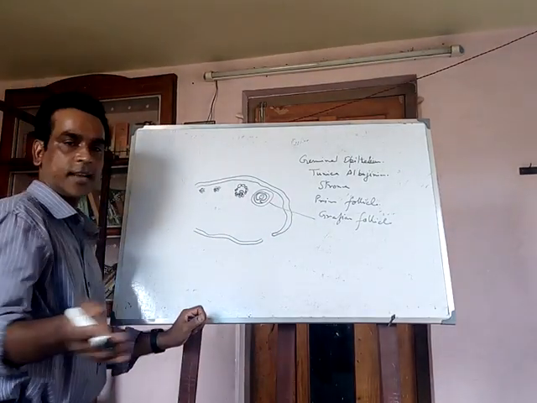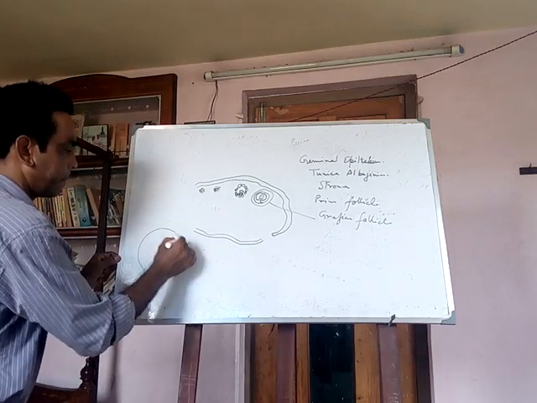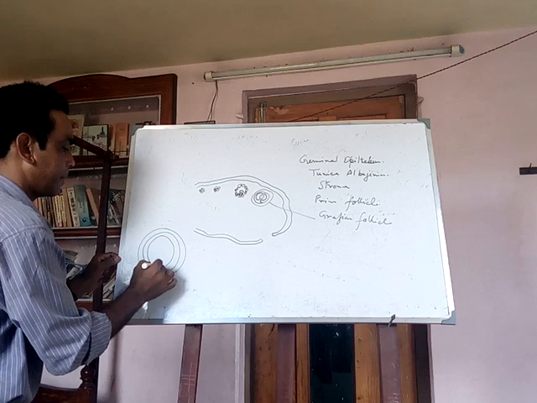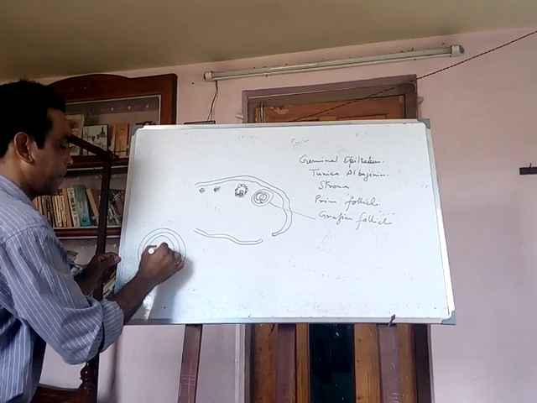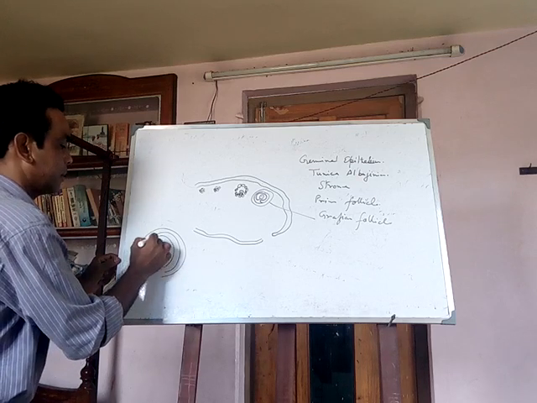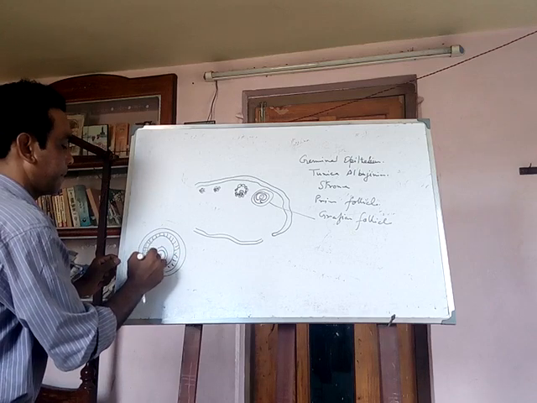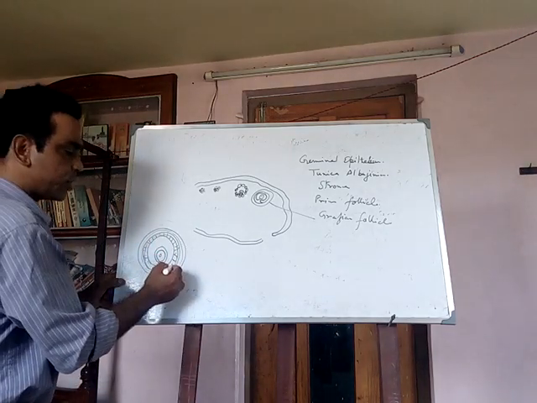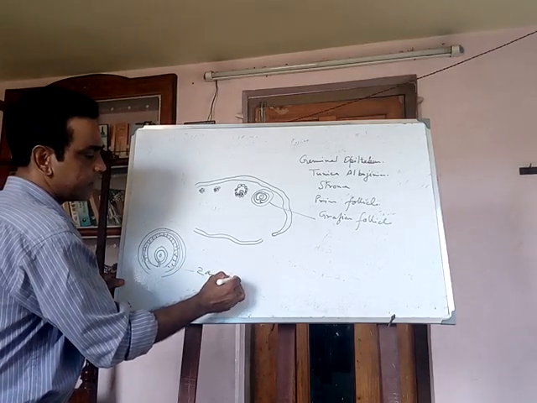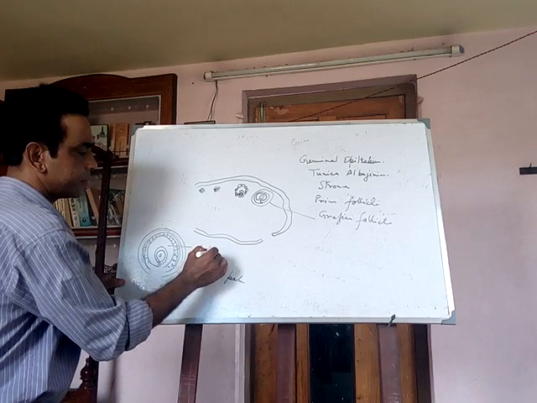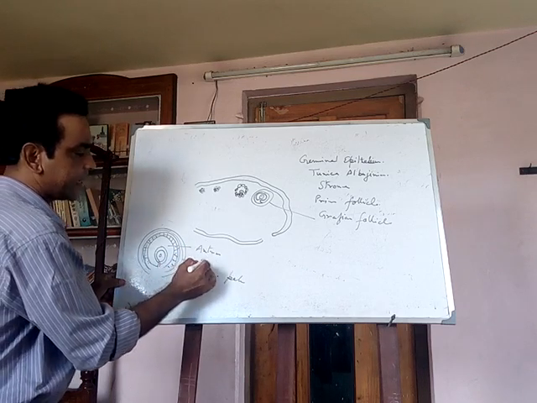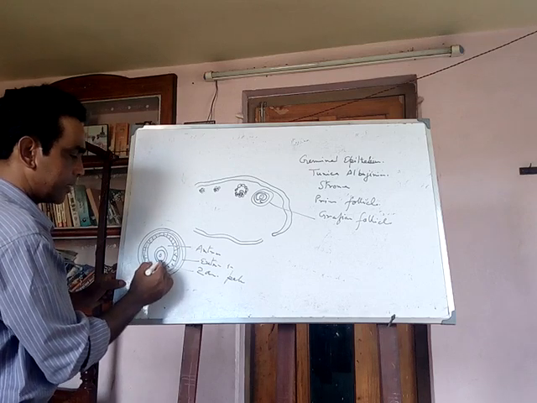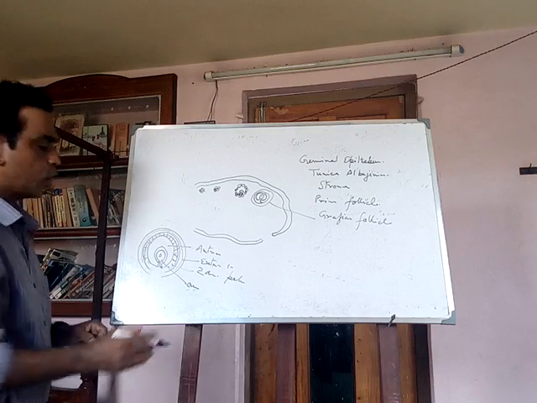The internal structure of the Graafian follicle I have explained. That is the zona pellucida, that is the antrum, that is the external theca, and that is the ovum or egg or oocyte.